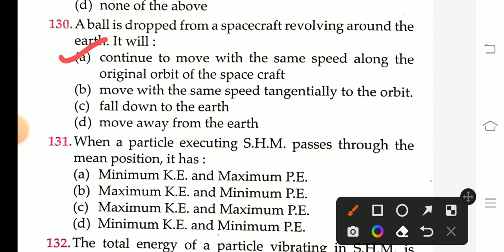When a particle executing SHM, simple harmonic motion, passes through the mean position, it has maximum kinetic energy and minimum potential energy.